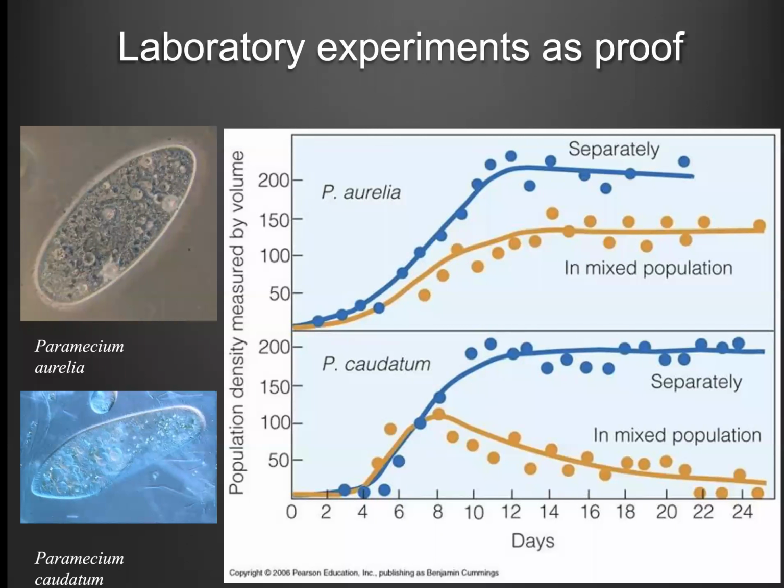But getting back to your original point though, you're thinking that caudatum. So say again what your thoughts were. Sorry, I got kind of hung up on that. All that aside, since they stopped collecting the data, the population density in the mixed population seems to decrease at around 24 days.